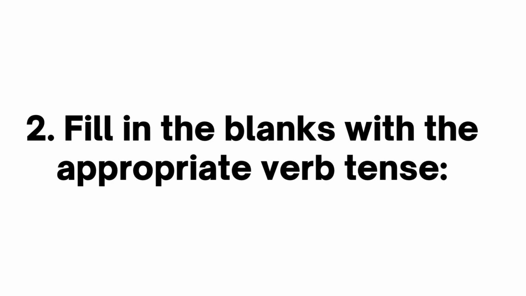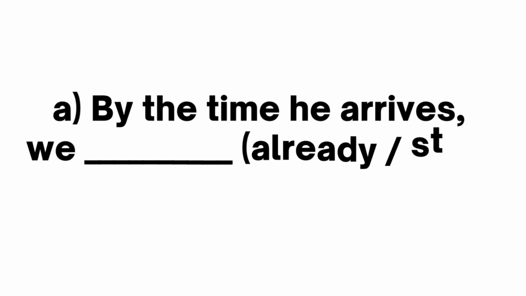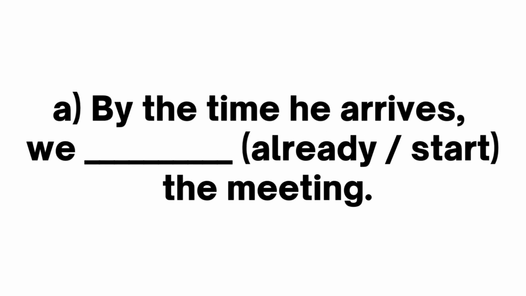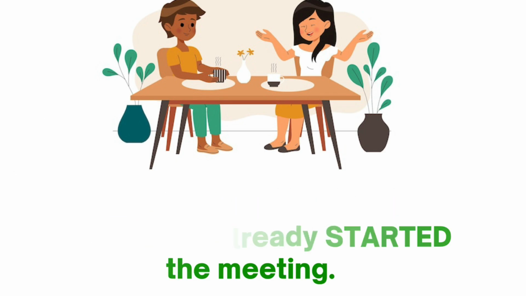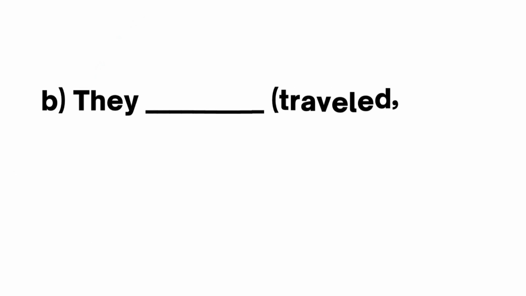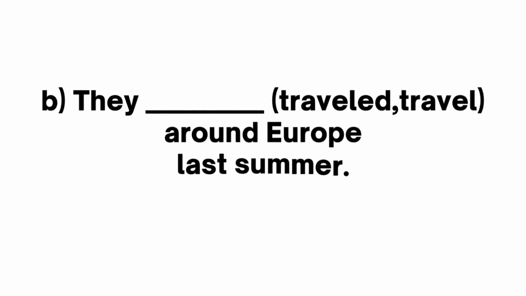2. Fill in the blanks with the appropriate verb tense. A. By the time he arrives, we already start the meeting. B. They travel around Europe last summer.